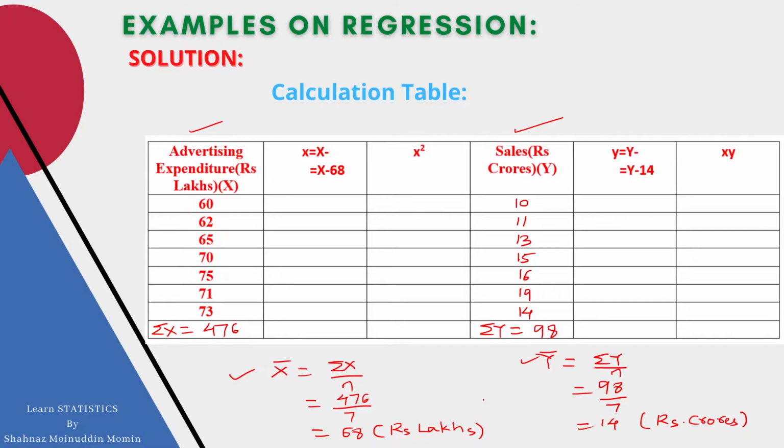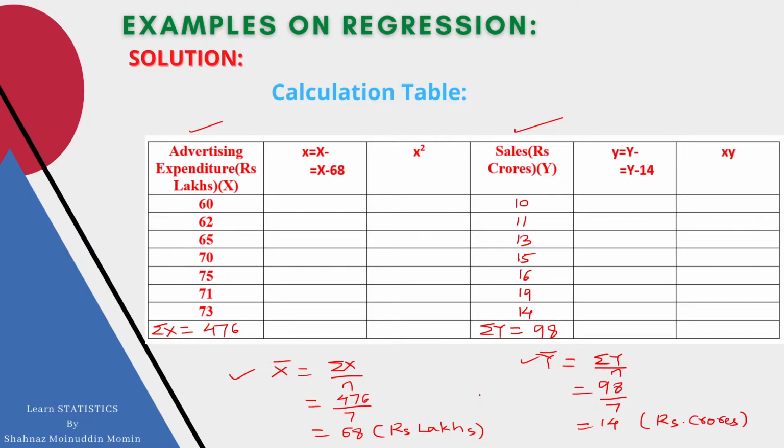This method is already discussed in the examples of correlation. If a student wants to learn that lecture in detail, then go to that link and observe the examples on correlation class.